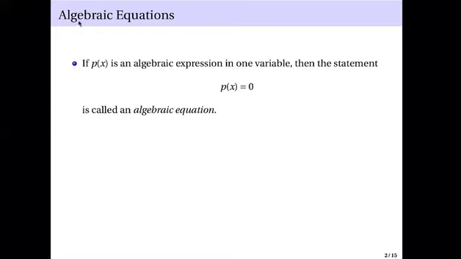Okay, so if p of x is an algebraic expression in one variable, here the variable is x, then the statement p of x equals 0 is called an algebraic equation. Okay, so an equation is defined by the presence of the equal sign.